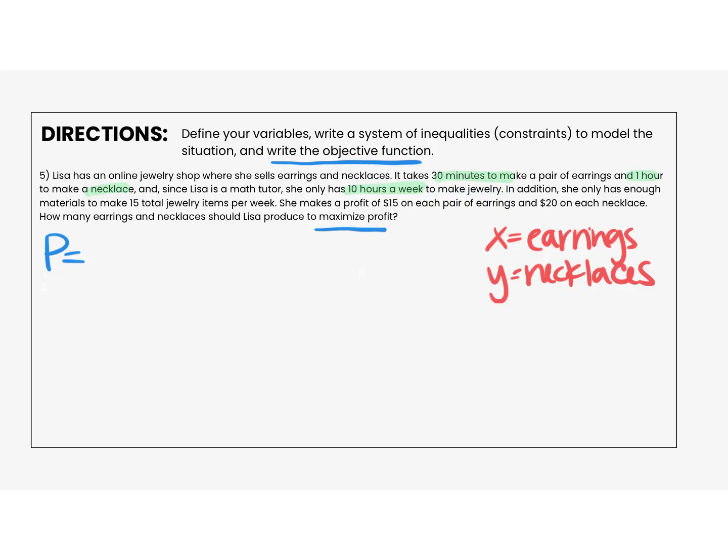It would be 30 minutes, we'll leave this in minutes, so 30x plus 1 hour, which is 60 minutes, y. And she only has 10 hours, so we can't go over that, which means this has to be less than or equal to 10 hours, which would be 600 minutes per week.